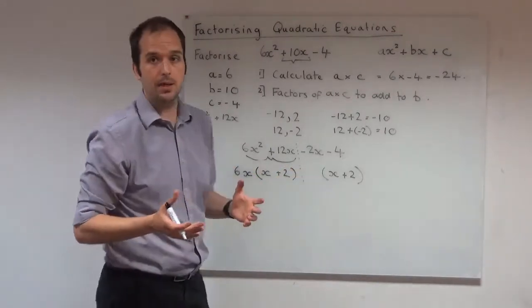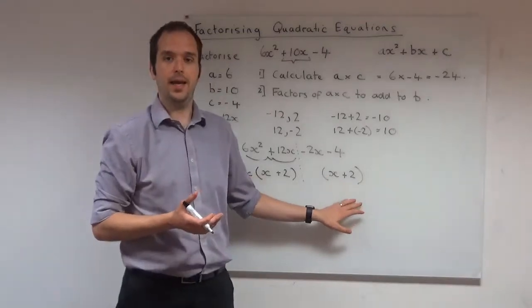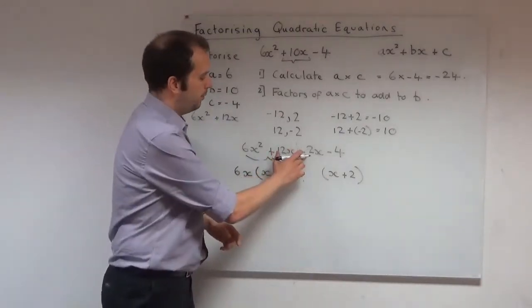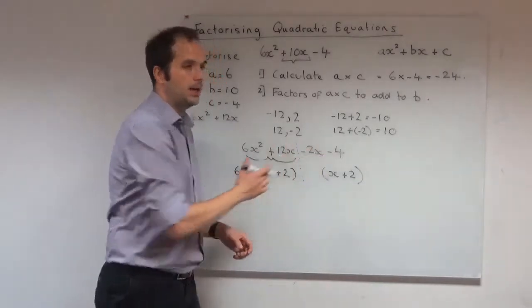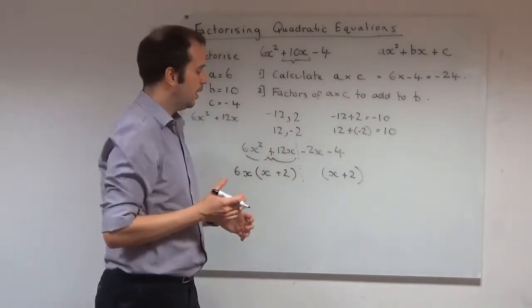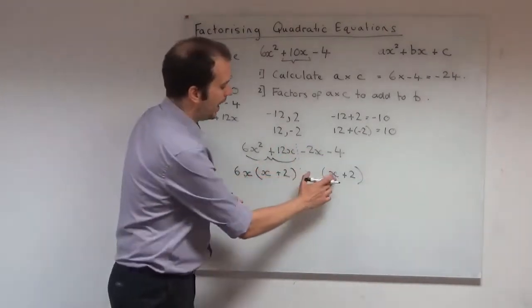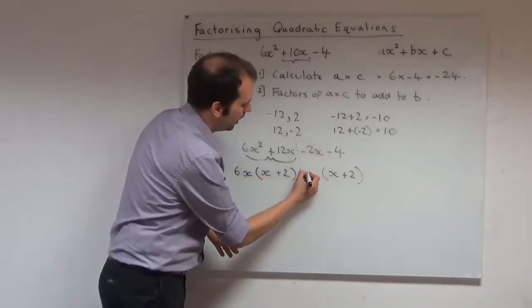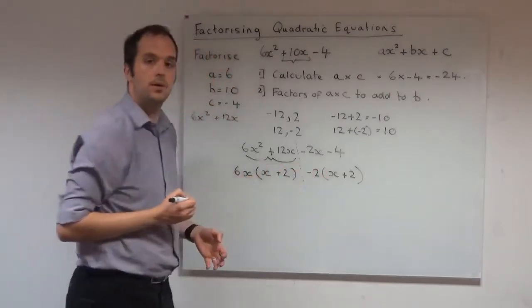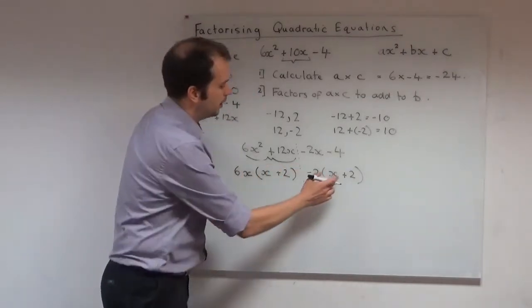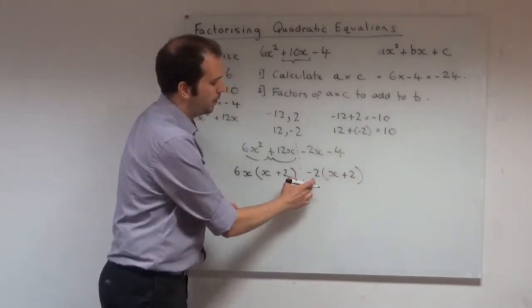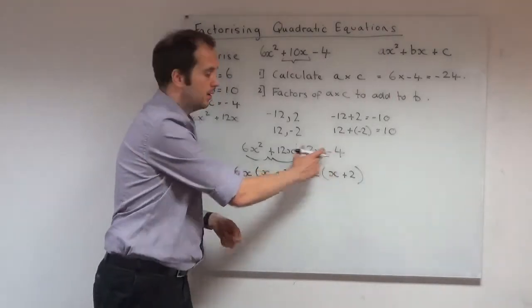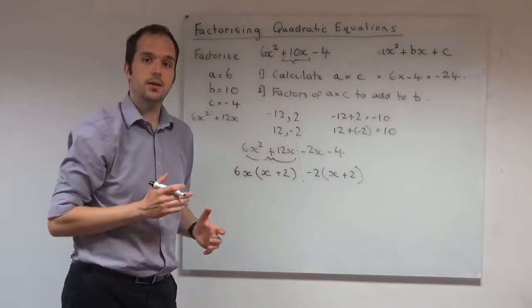And so what I say to myself is, well, if I've got an x plus 2 here, what do I need to multiply this by to give me a minus 2x and a minus 4? And hopefully you can see, if I've got x here and I want a minus 2x, well, I need to multiply that by minus 2. And again, a quick check. If I do 2 times minus 2, that gives me minus 4, and that's exactly what we had here. So I know that bit's correct.